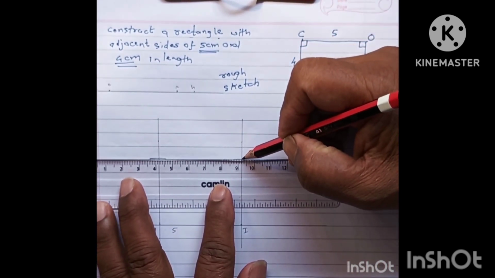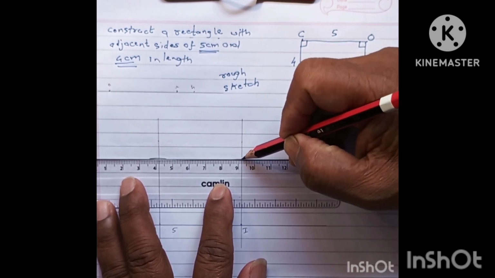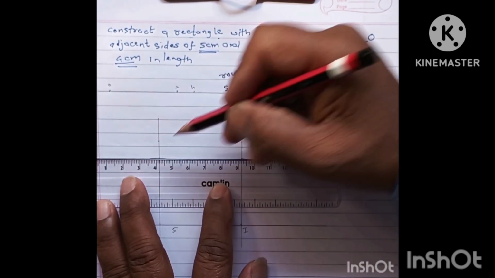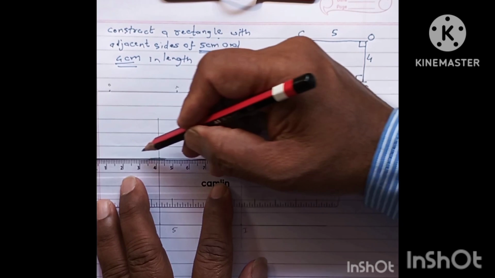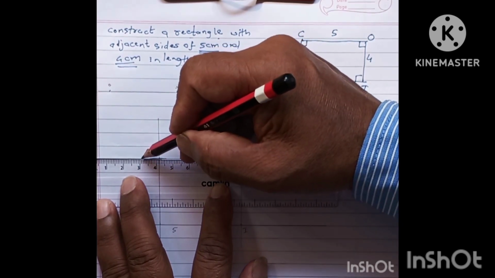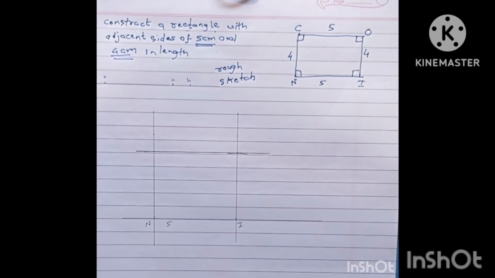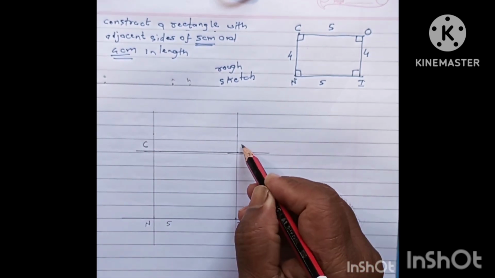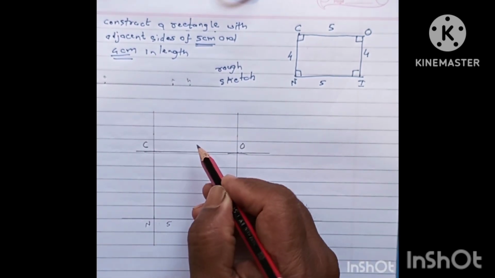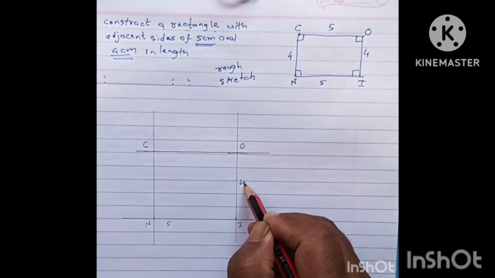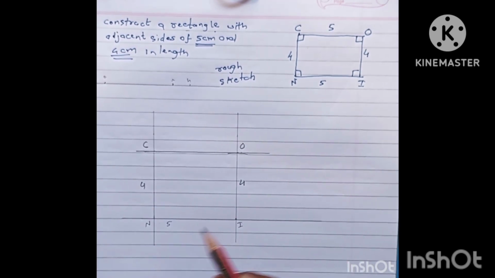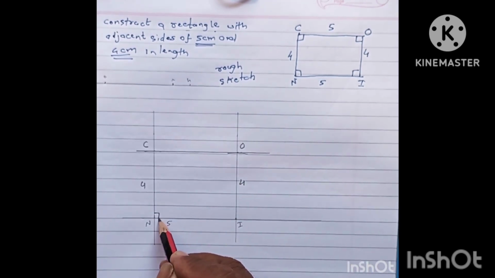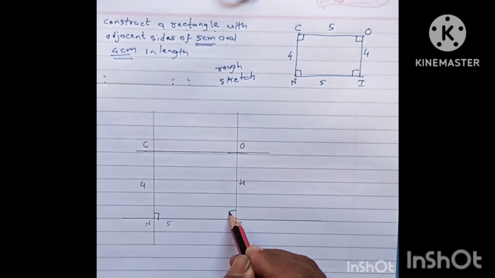Confirm that both these points when joined will be on the line. So I'm just confirming it like this, and then join. And label them according to the rough sketch, C, O and IN. Okay, so this is 4, we know this is 4, and this is 5, and this is 90 because we have seen this, and this is 90.